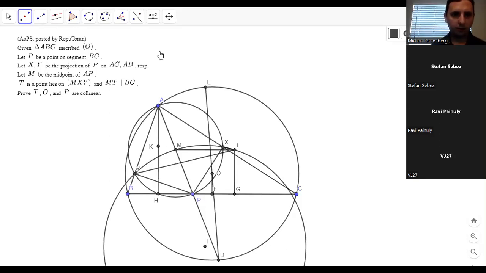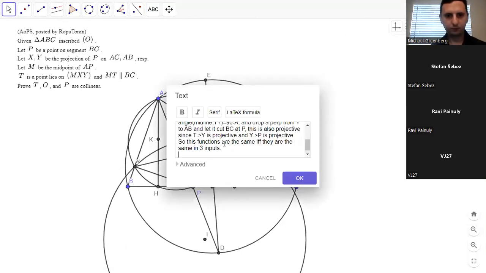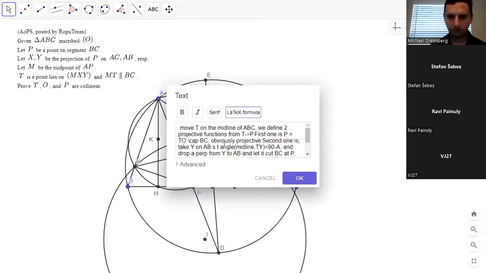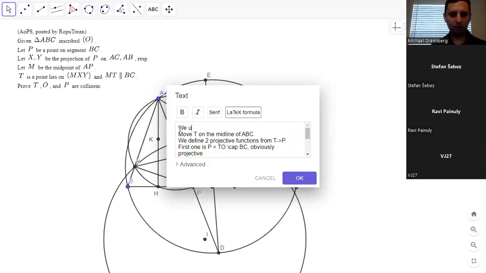All right. So we use the method of moving points.